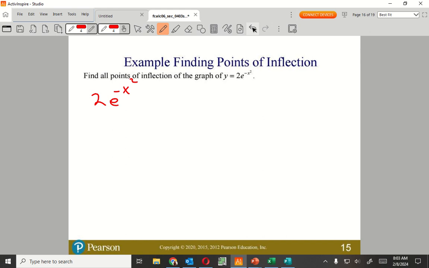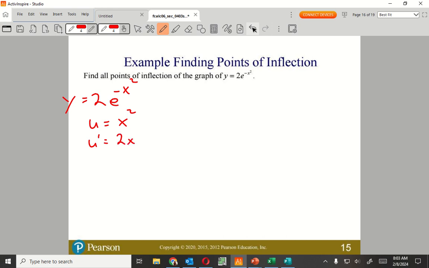All right, let's u-sub this. So u, in this case, would be x squared. u prime would be 2x, right?